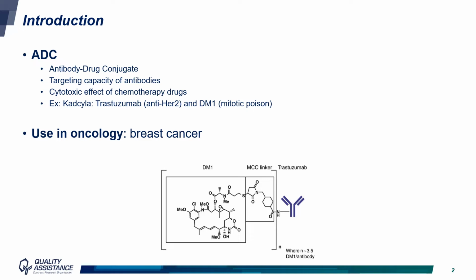For example, Kadcyla, also known as trastuzumab emtansine, is an ADC that combines the humanized trastuzumab antibody, an anti-HER2 antibody, and the potent anti-microtubule agent DM1, a derivative of maytansine, using a highly stable linker. This ADC is used as treatment for patients diagnosed with HER2-positive breast cancers.